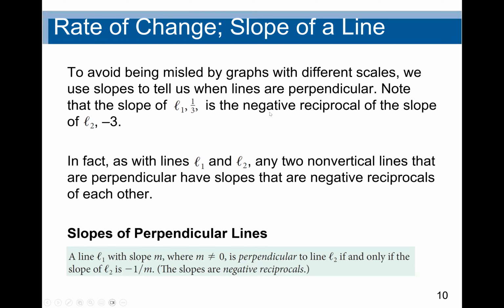So we say it's the negative reciprocal of the slope. If the slope of line 1 is 2, and the slope of line 2 is -1/2, then the two lines are perpendicular because each is the negative reciprocal of the other slope.